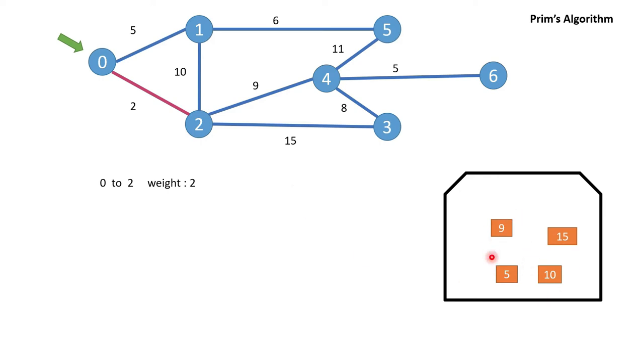Now I will check what is the minimum among all these edge weights. The minimum is 5. Then I will mark which edge has the weight 5. This one. So 0 to 1 I have marked, and then I will delete it from here and print. I deleted it from there and marked 0 to 1, the weight is 5.